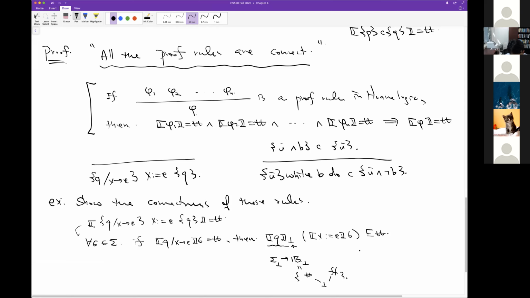Given the initial state sigma satisfies the precondition, when you run the command under the state, we may either have a bottom. In that case, everything is okay, because if it's a bottom, then Q lifted will return bottom, and that's less than or equal to true. So everything is okay.